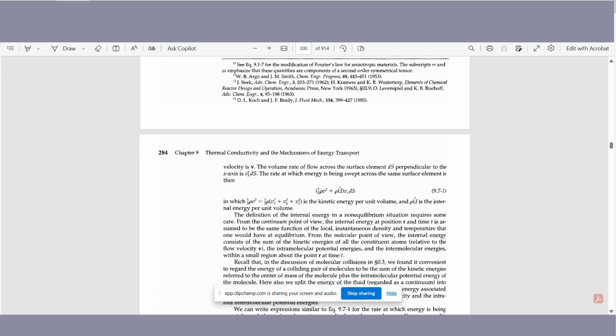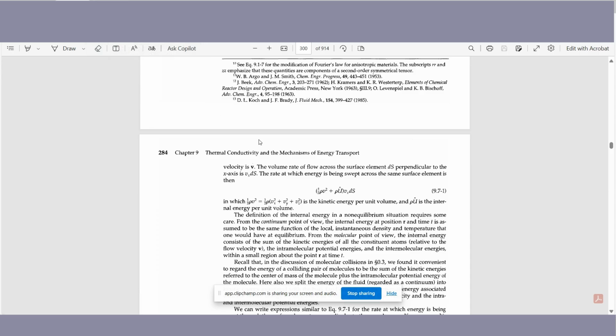So Vx dS. The rate of energy being swept across the surface element is then this equation. This rho times u, where u is internal energy, so you can cross that term out, and you're left with this. Then 1/2 rho V squared equals 1/2 rho times Vx squared plus Vy squared plus Vz squared, and Vz is obviously 0.